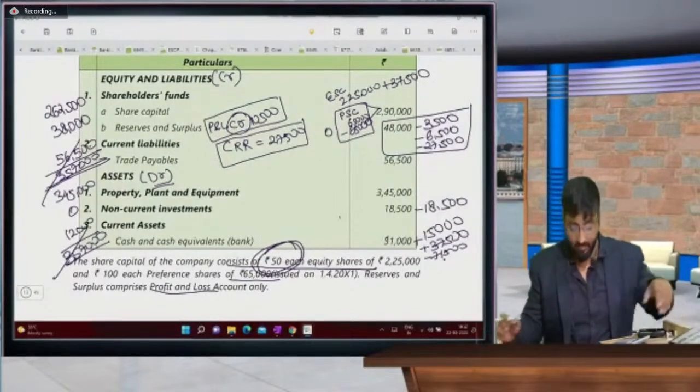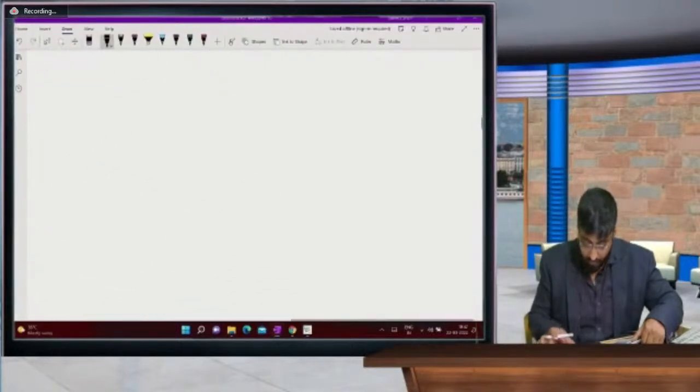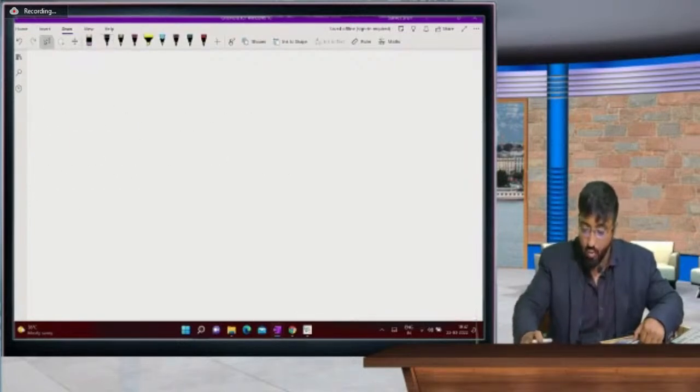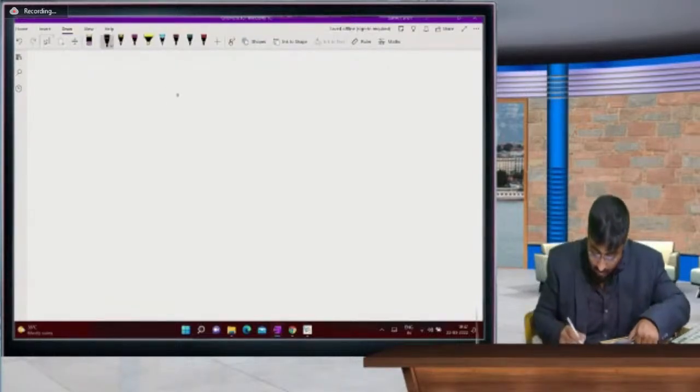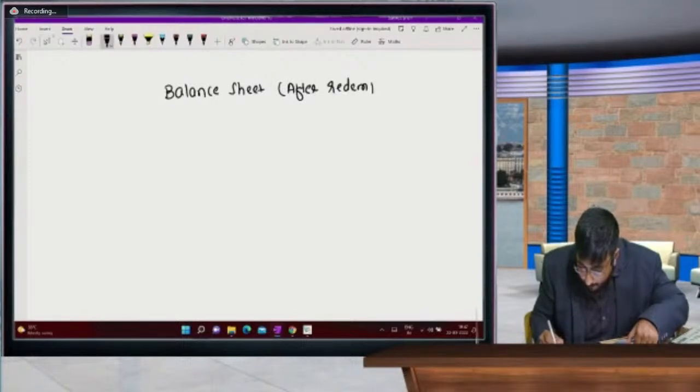Yes, tallied. Now, how to write this? Write down. Chalo, write down now, how to present the answer. Balance sheet after redemption of X Limited as on.